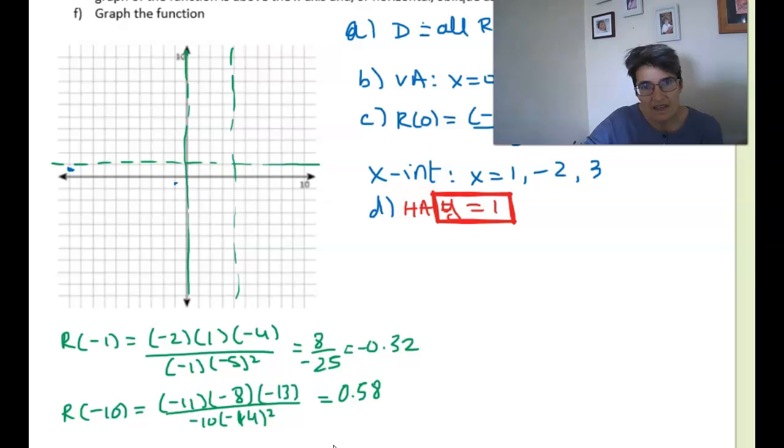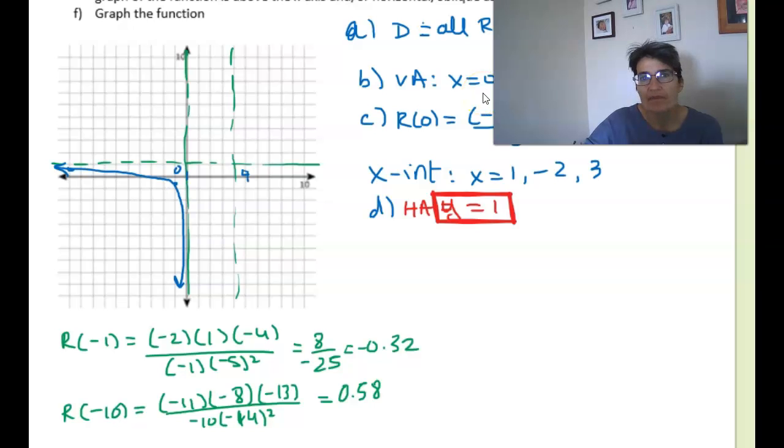Here we're at -0.32. So what must happen is that you have this branch of the function right here. Okay, now let's look at this region. So between x is 0 and x is 4. Okay, that's the vertical asymptote.